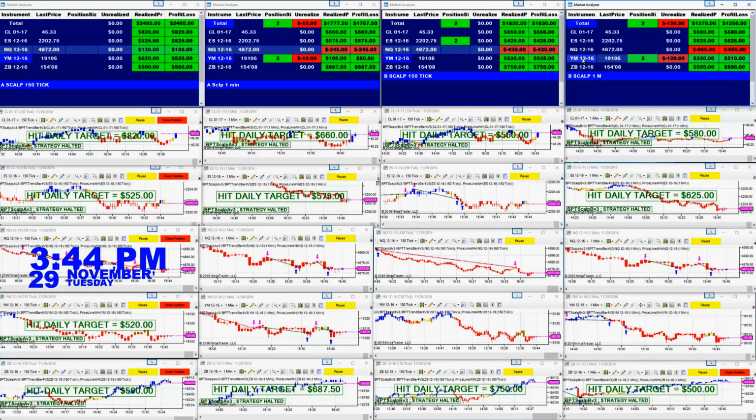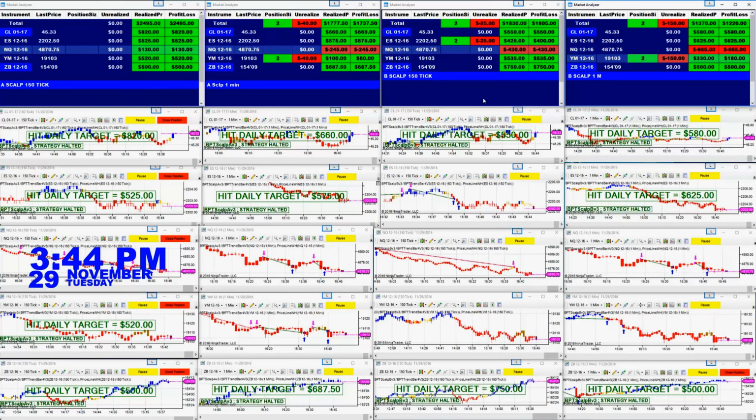So if we are looking at the NASDAQ, this is where I'm trying to get everyone. Sometimes it's not the auto trade, because what we are doing here, we are auto trading 1, 2, 3, 4, 5, 10, 20. So there are 20 different auto trades in here, A and B scalper on different markets.